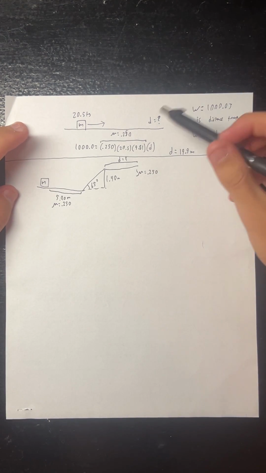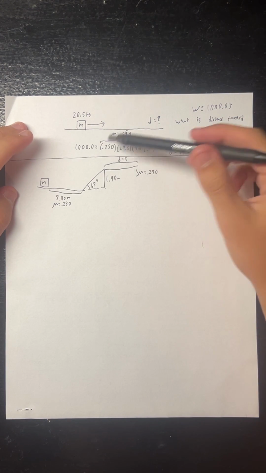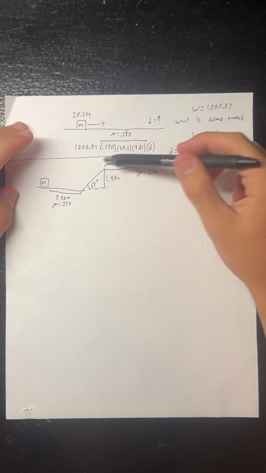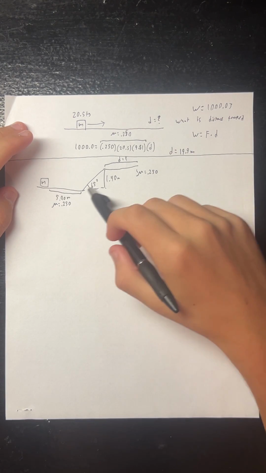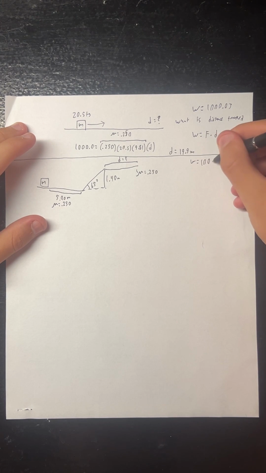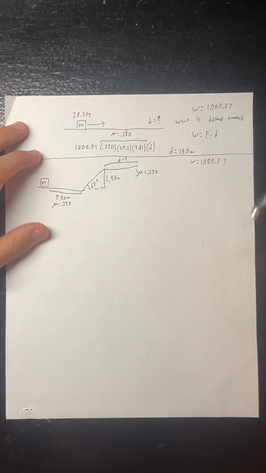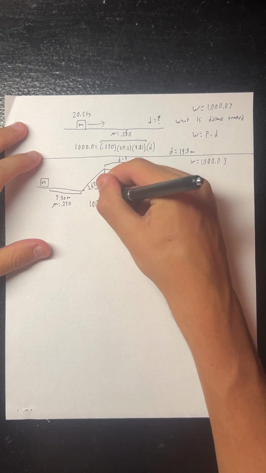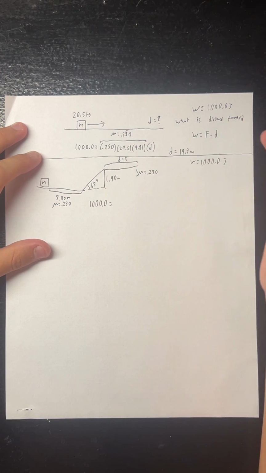Okay, the next one is asking for the distance again, but now it is going past an incline, and the work stays the same. Work equals 1,000 joules. So what can we do to set this up? We can start with 1,000 joules. It's going to equal all of the forces acting on it, right?